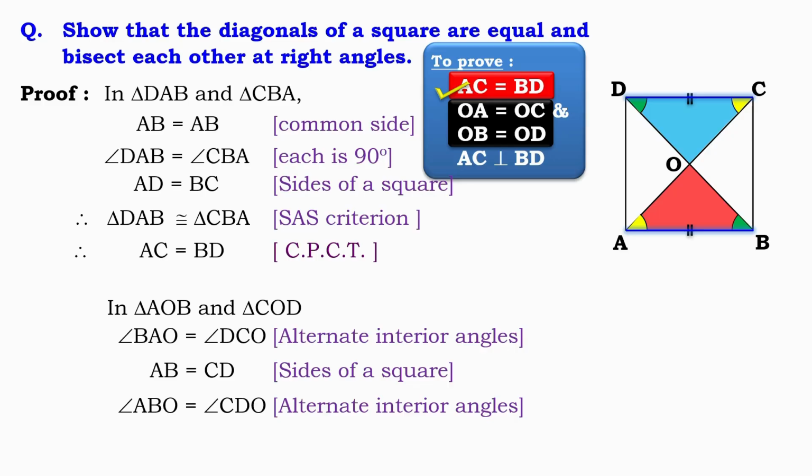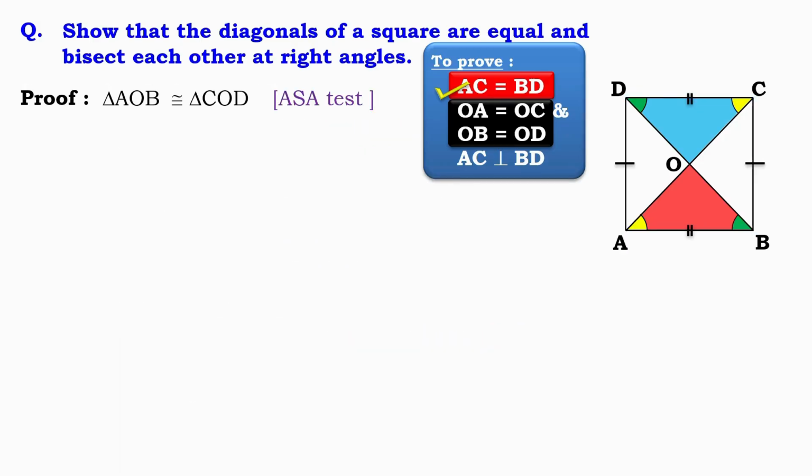So here we can apply the ASA criterion. ASA means angle-side-angle. Whenever two angles and the common side between the two angles are equal, then using the ASA criterion, these two triangles will be congruent. So triangle AOB is congruent to triangle COD.